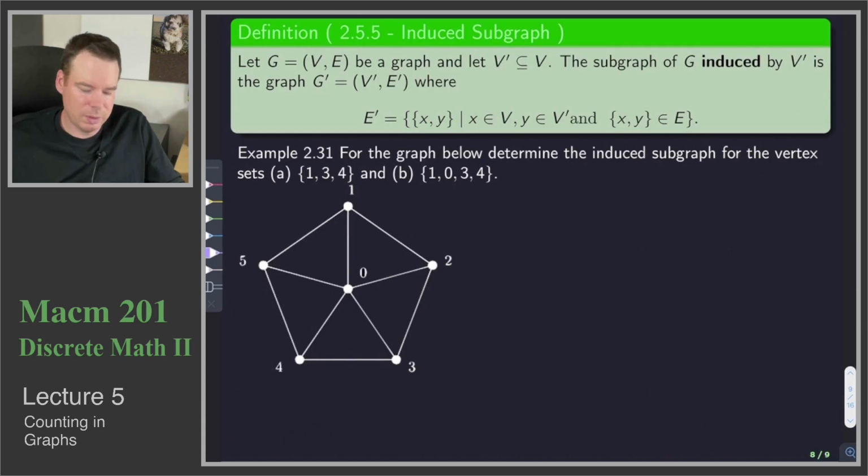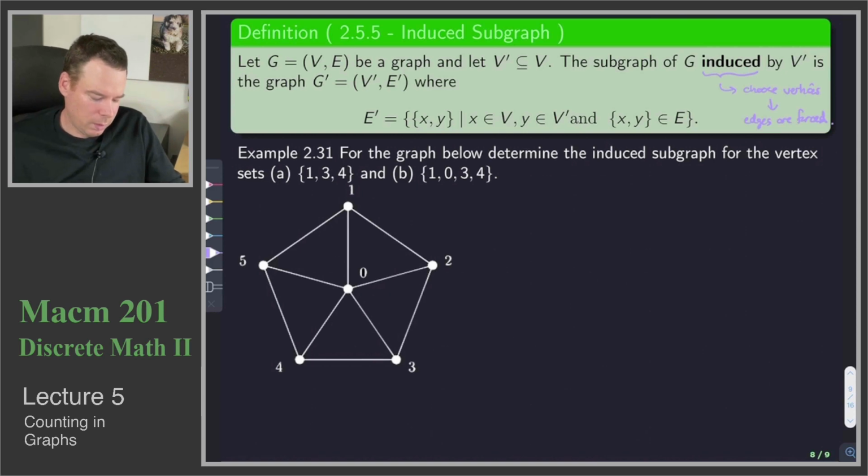With an induced subgraph, we are free to choose the vertices now, and then the edge sets are forced on us. So induced means we can choose the vertices, and then from that, the edges are forced. And so that's what's described here.